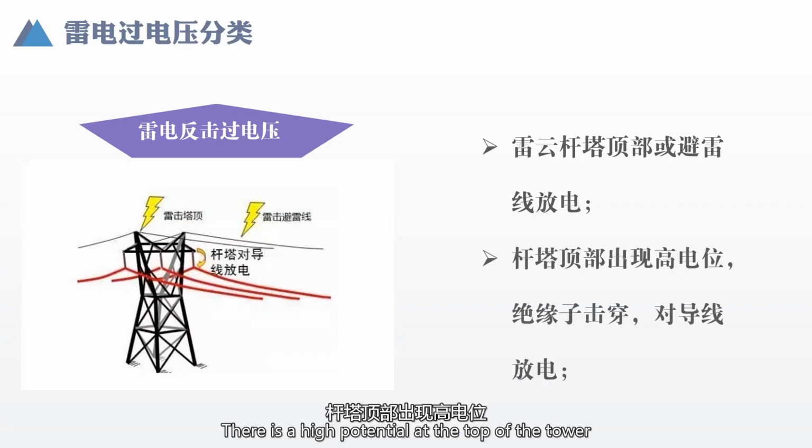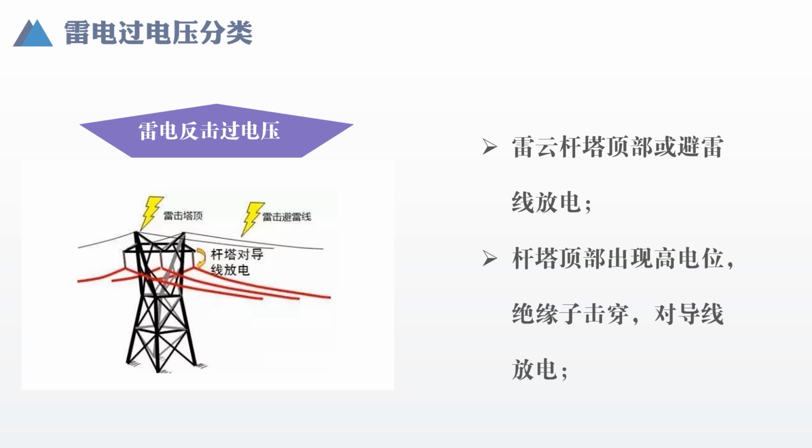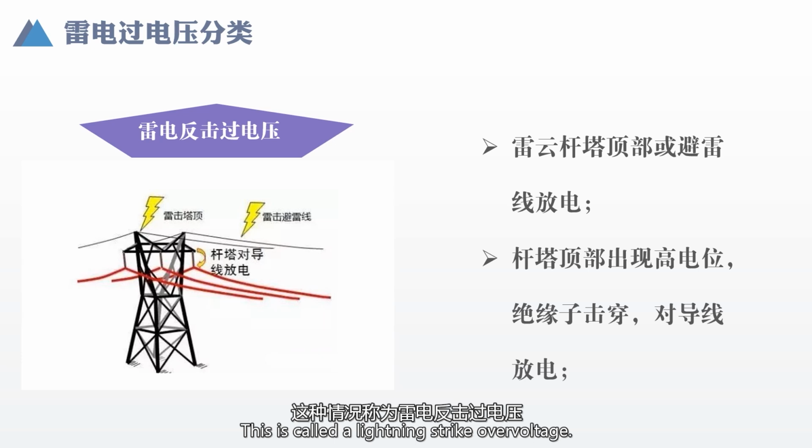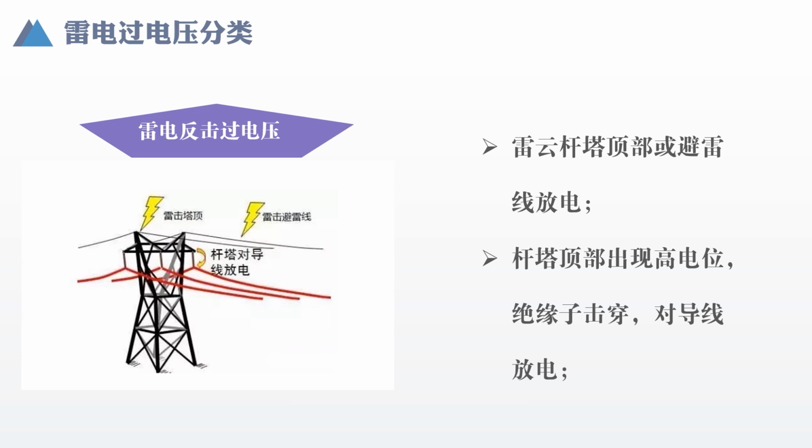Therefore, there is a high potential at the top of the tower. This high potential acts on the line's wire insulators. If the voltage is high enough, there is a possibility of breakdown, discharging the wires. This is called a lightning strike overvoltage.